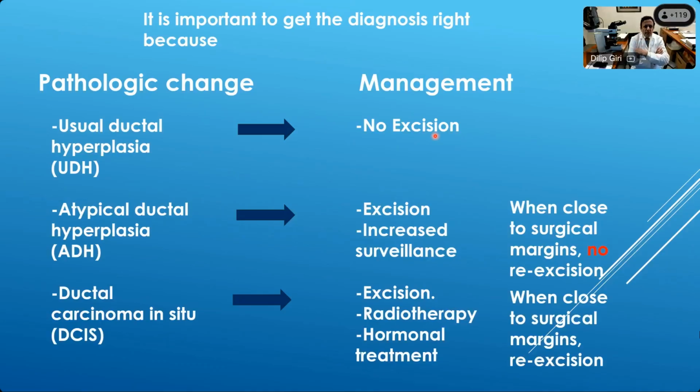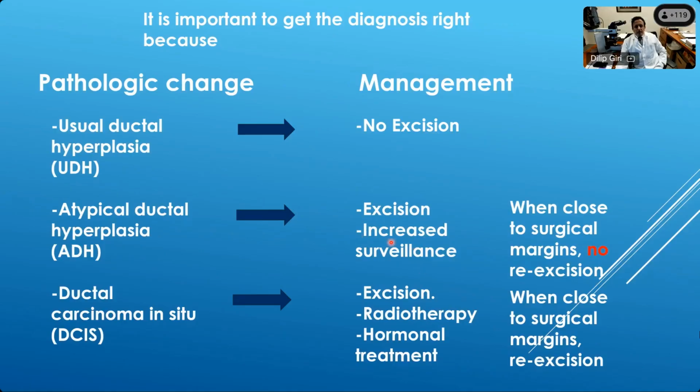But if the imaging findings are not that worrisome, then the diagnosis of UDH will not lead to any excision. ADH, on the other hand, on a core biopsy, will lead to excision. And if on excision, the diagnosis remains ADH, then there will be only increased surveillance.